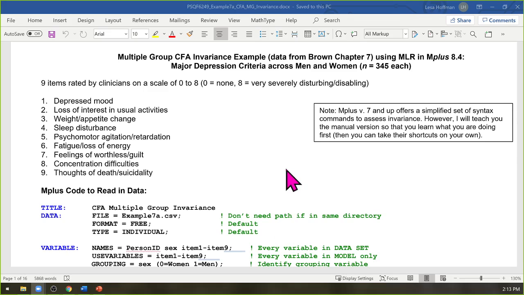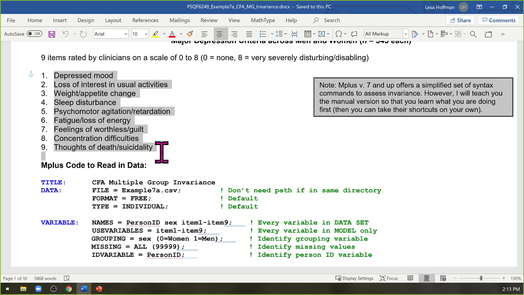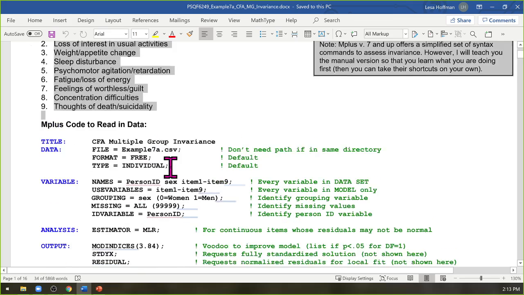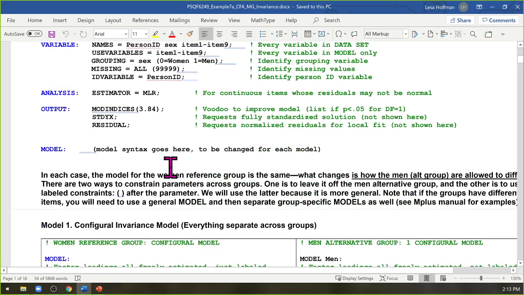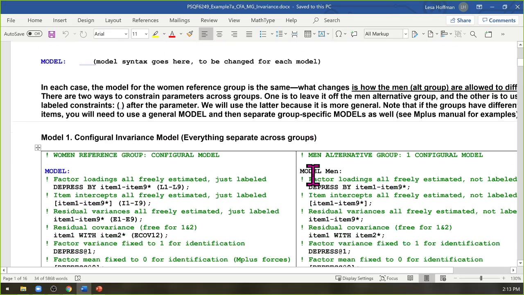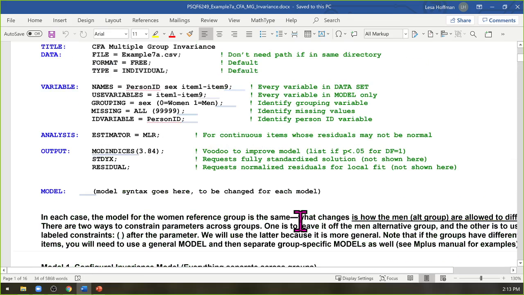So for instance, we were looking at this example. This is a CFA example. So we're pretending that this 9-point ordinal scale is sufficiently continuous to have a linear model of a depression trait predicting each of these 9 responses. We're looking at how these items measure depression across women and men. So in this case, women are the reference group and men are the alternative group. And so the code looks like this.